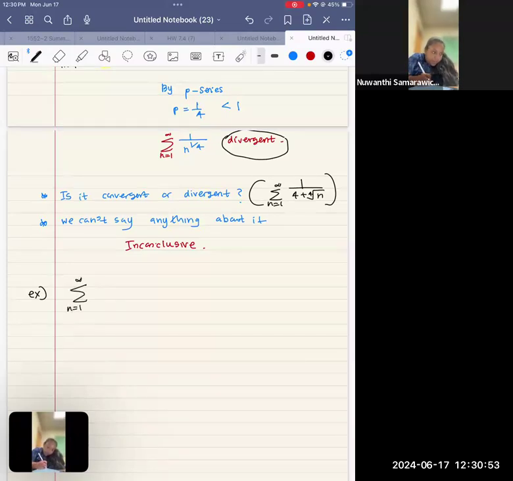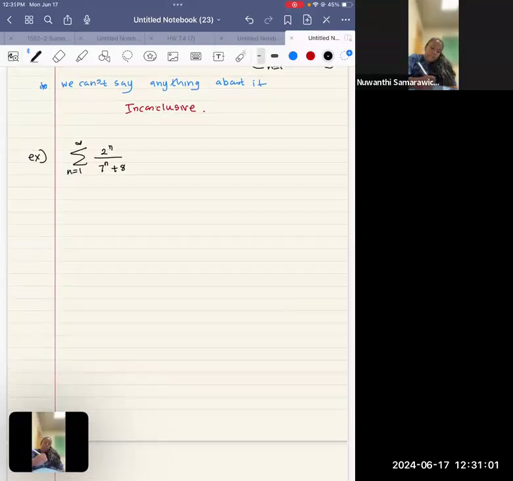Okay, so let's do another one. Can you all try this one? Is it convergent or divergent? You have to think about the series that we are going to compare.